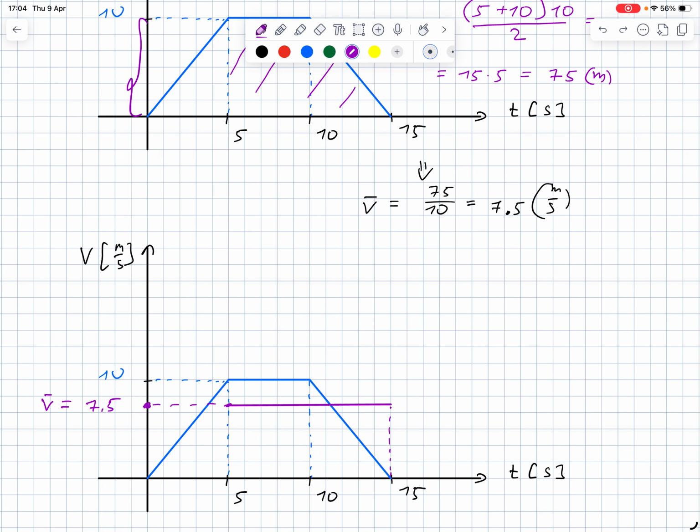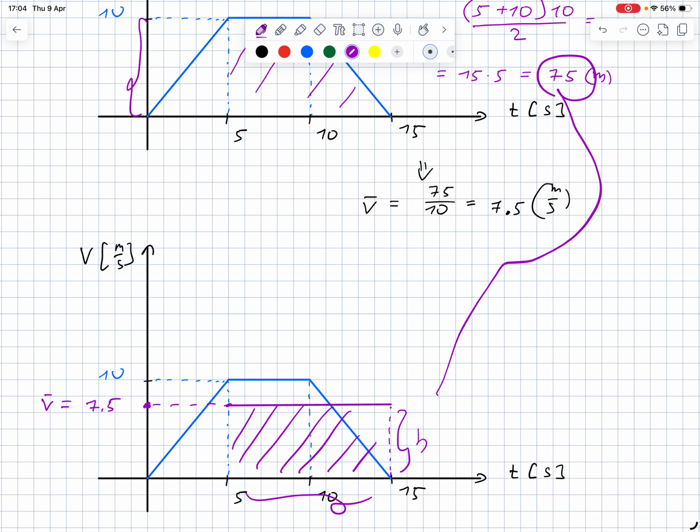It will look something like this, and you can check if you calculate this area, which is base times height, you will get 75 meters. This is one way to calculate average velocity.